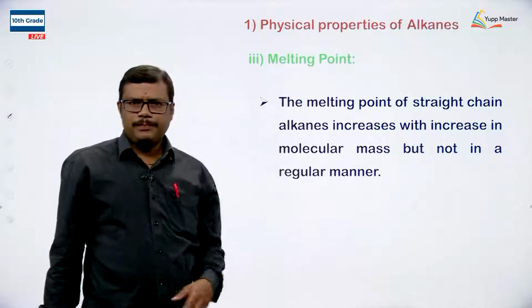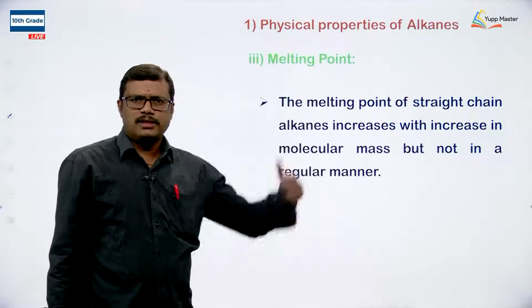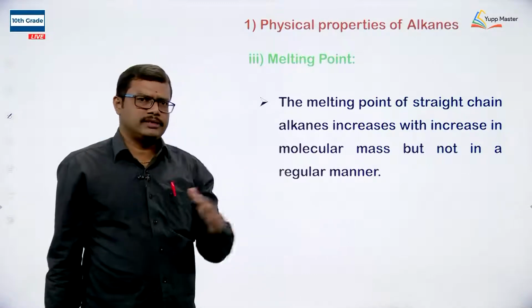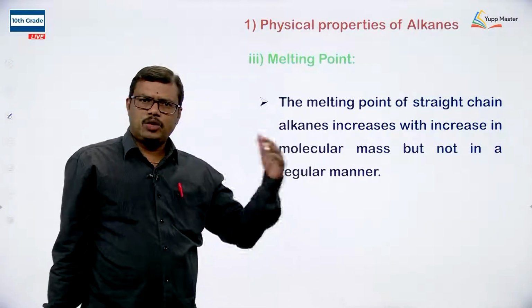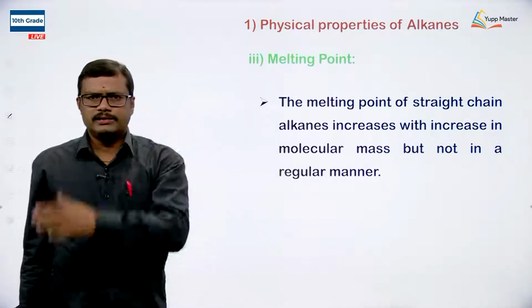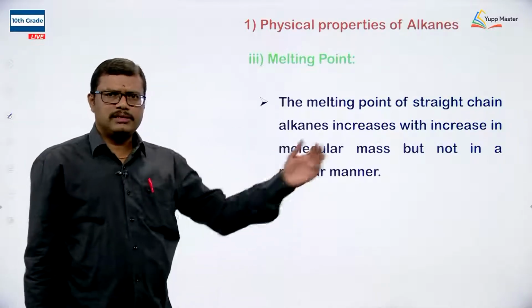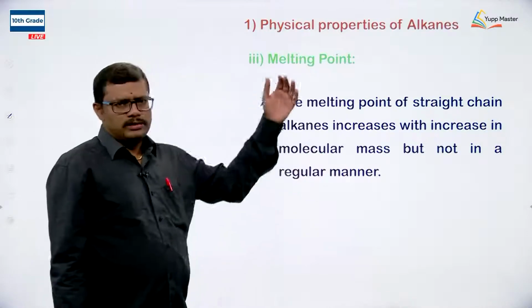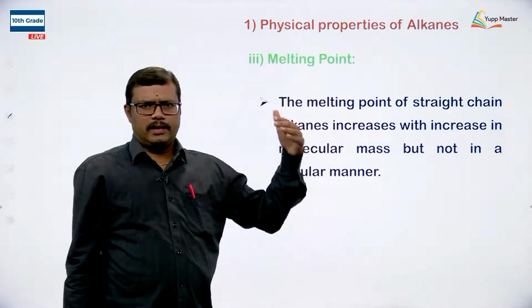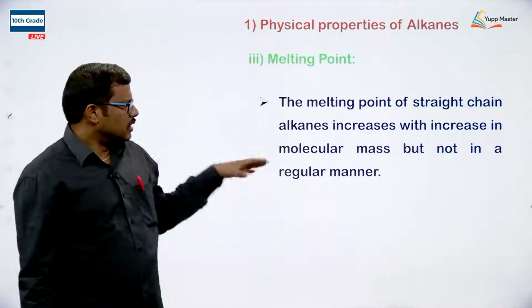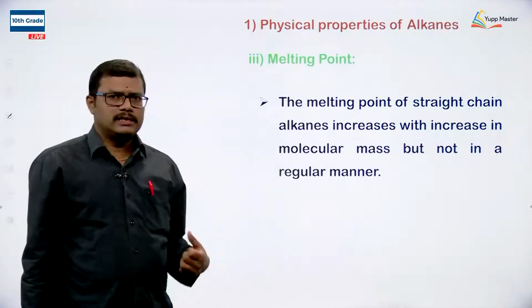In the previous comparison of boiling points, from methane to ethane, molecular mass increased, boiling point also increased. Then ethane to propane, propane to butane, butane to pentane, pentane to hexane, hexane to heptane, molecular mass is increasing, so boiling points are also increasing in that case.